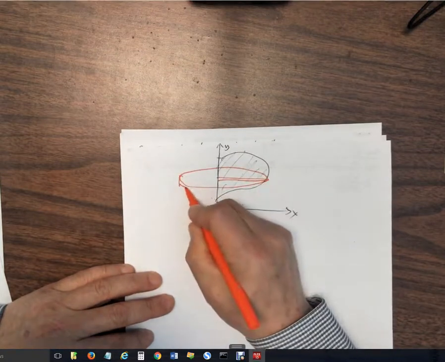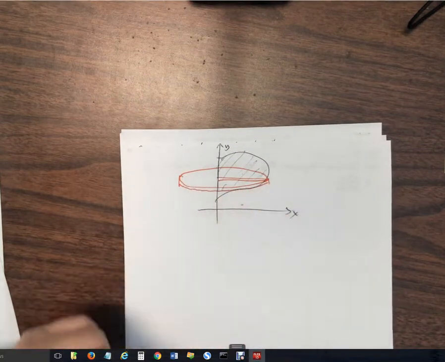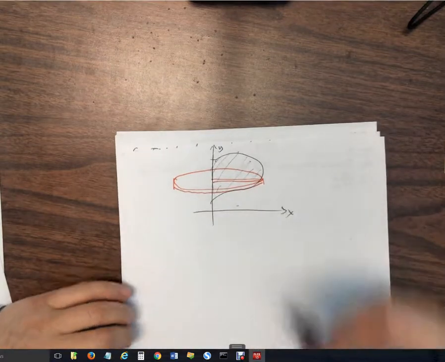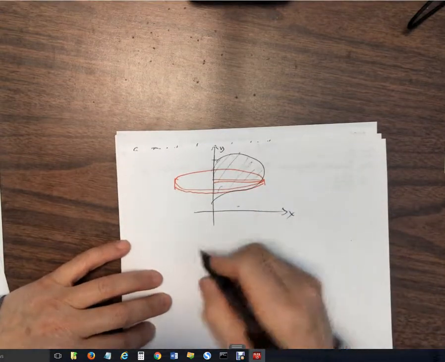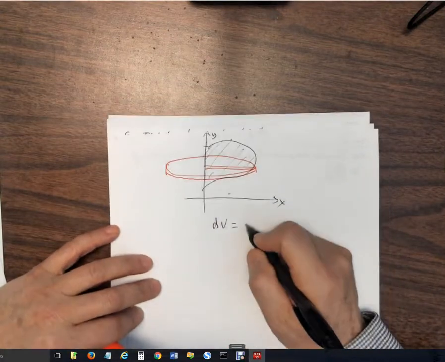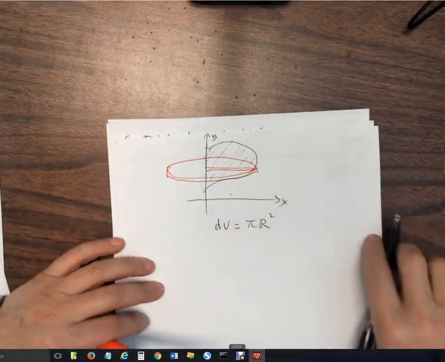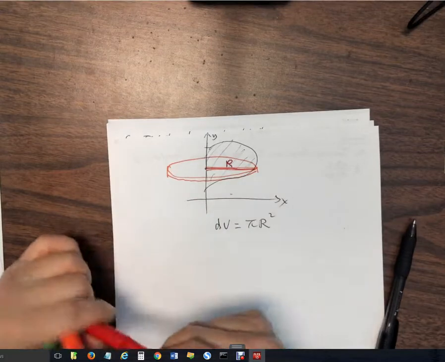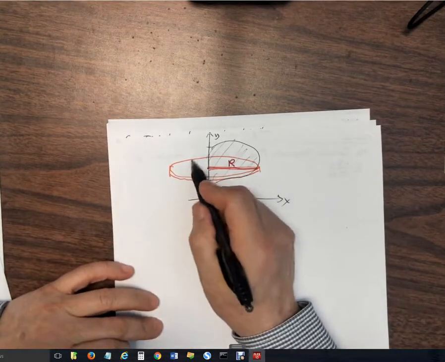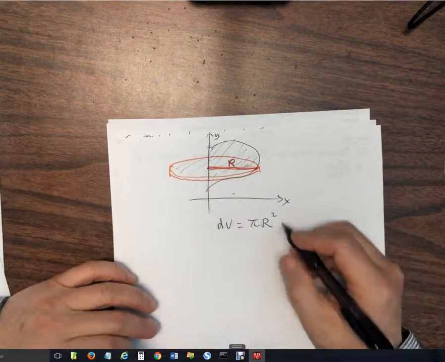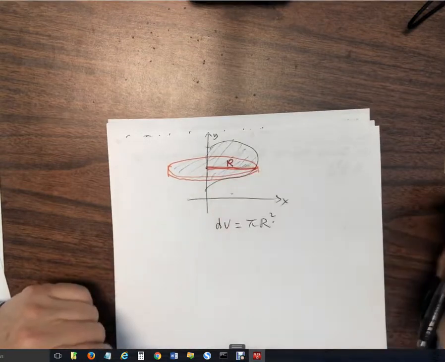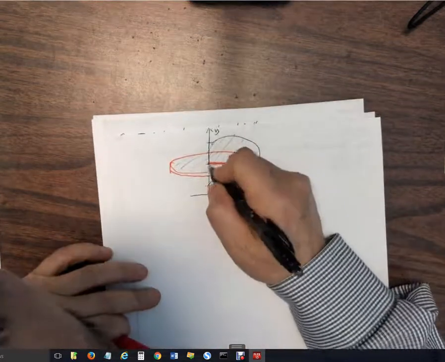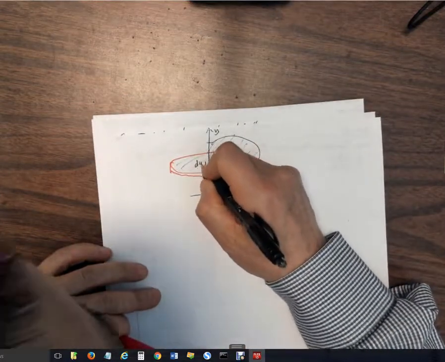We have again a disk. All right. So this time dV will look like pi r squared. Say this is r, the radius. Pi r squared would be the cross-sectional area times thickness. Now thickness, if you look at the graph, is measured by the y increment here.